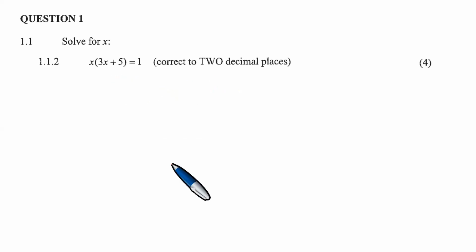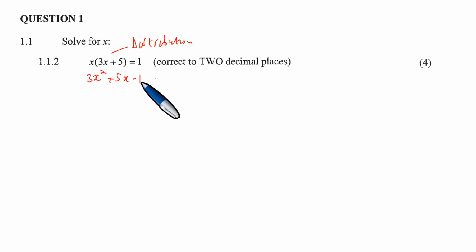Right, in this case, we need to solve for this question. So to solve this question, we clearly expand. First, we use a method we call distribution. The distribution ensures that we can open up the brackets by multiplying by the x, so that we have 3x squared plus 5x.